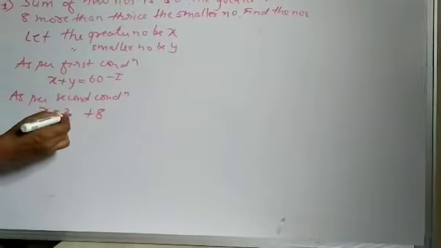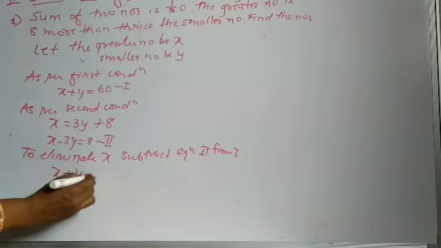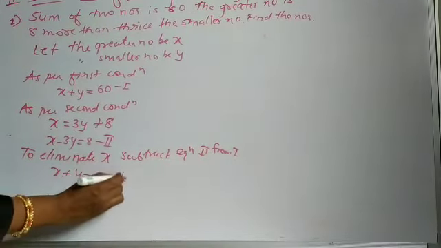Observe the coefficient of x, it is the same, correct. So to eliminate x, subtract equation 2 from 1. x plus y is equal to 60, equation 1. x minus 3y is equal to 8, equation 2.